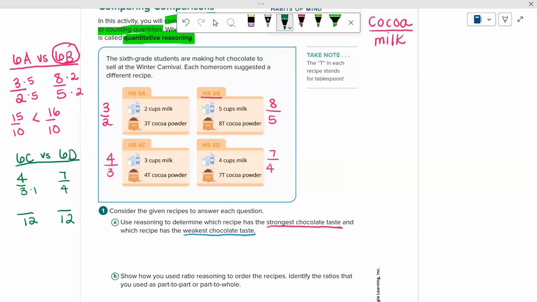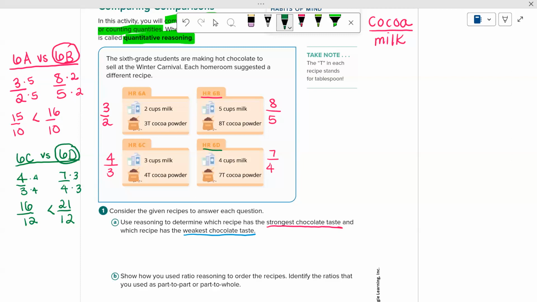So I multiply this by 4, so that means I multiply my numerator by 4. 4 times 4 is 16. 4 times 3 is 12, so 7 times 3 is 21. So I know right there that 6D is better than 6C, right? 6D beats 6C. So we have two winners right there, 6B and 6D.